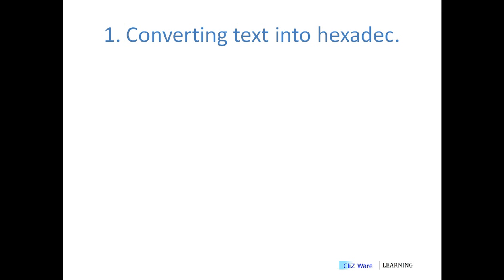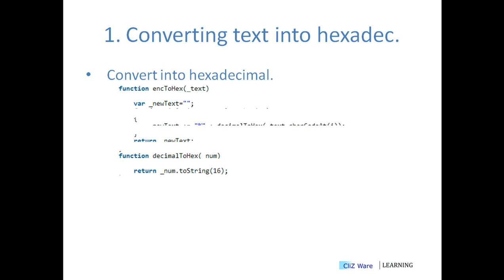So let's look at that first. The first thing you have to do is to convert into hexadecimal. Basically, it's 1, 2, 3, 4, 5, 6, 7, 8, 9, A, B, C, D, E, F. So that's hexadecimal values. Base 16.